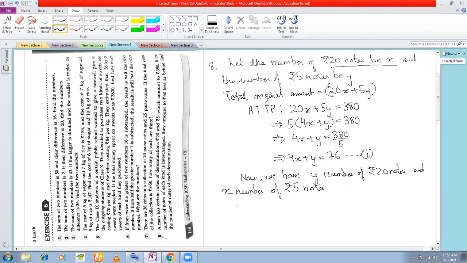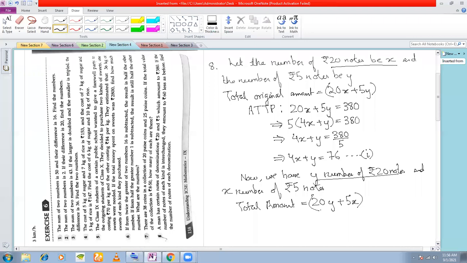So what is that amount here? Because you have Y 20 rupee notes, you have 20Y plus 5X, right? This is the total amount that you have now.